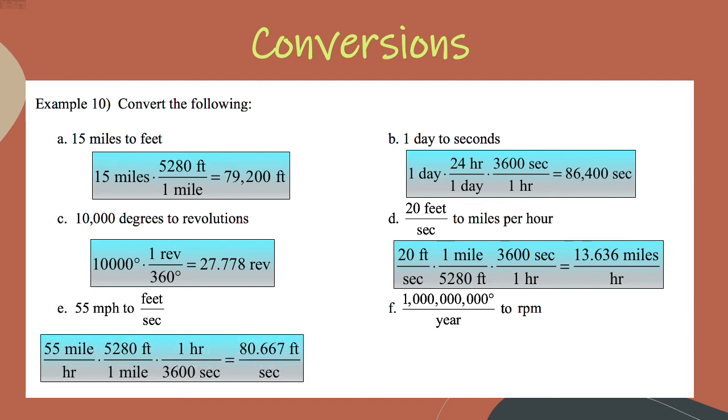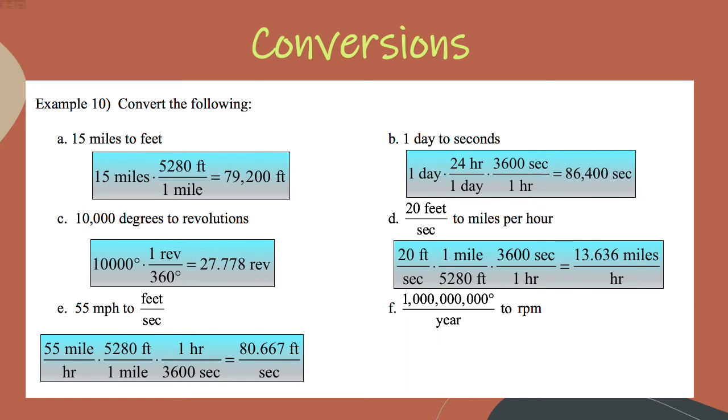E takes the linear velocity 55 miles per hour and goes backwards to feet per second. So we reverse the process. We start with 55 miles per hour. Again, we will first deal with the distances and use 5,280 feet over 1 mile, and the miles cancel.